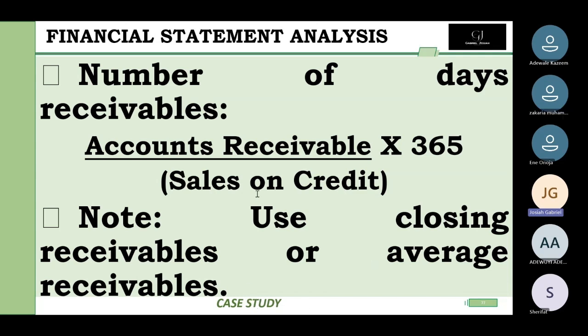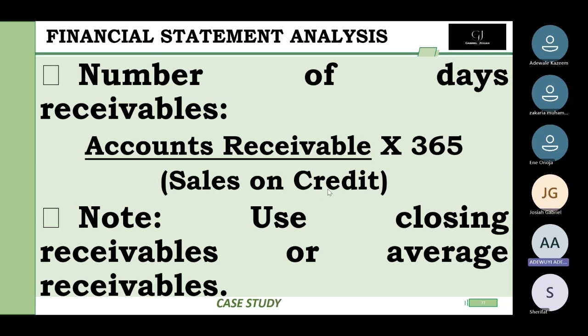Does anybody want to try to give us the difference between account receivables and credit sales? Just try. Yes, feel free to speak. Okay, so basically, credit sales is what leads to account receivables.